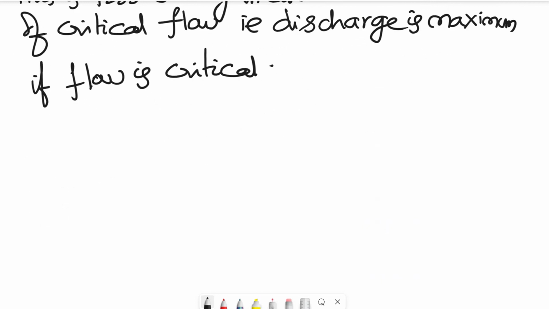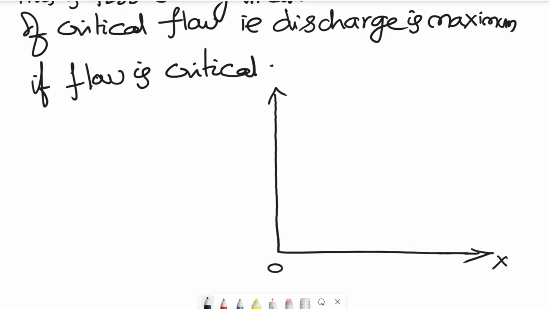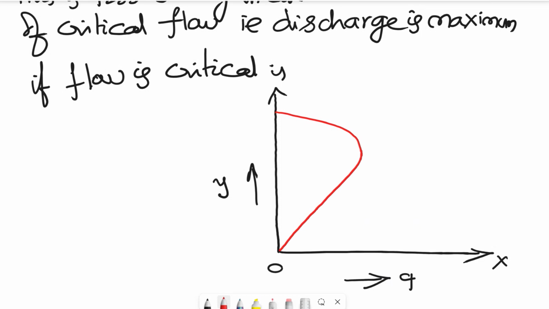This same thing I can explain by a diagram also. If I take x-axis and y-axis, on the x-axis small q, and on the y-axis depth of flow, then the curve will be like this. And if I write here, E is equal to constant, that is the condition, right?